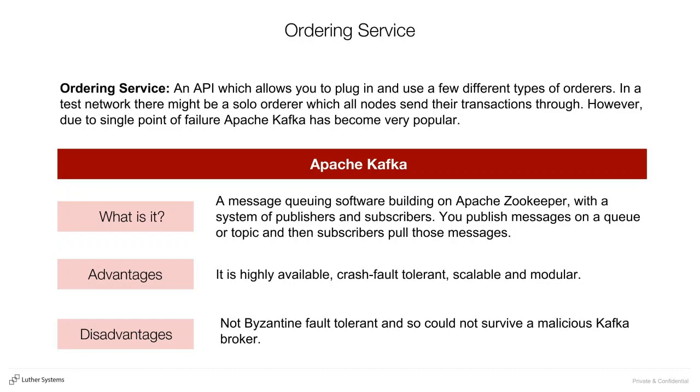So for example, if you're just doing a test network, there's what's called a solo orderer that just runs on a single server. It's just a Go program that's running on a single server that all the peers, or all the clients would be submitting their transactions to for ordering. That's going to have pretty high throughput, but it's also not highly available.